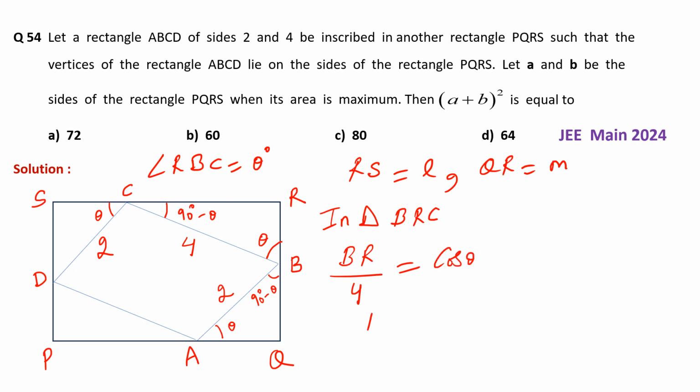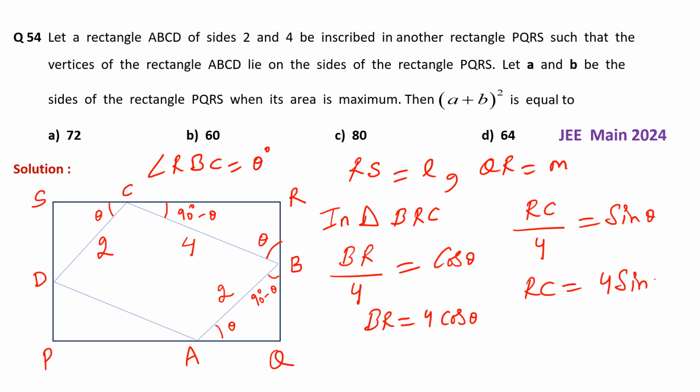So from here I will get BR equal to 4 cos theta. Similarly, RC upon BC, that is 4, equal to sin theta. So from here we get RC equal to 4 sin theta. So RC is 4 sin theta and BR is 4 cos theta.